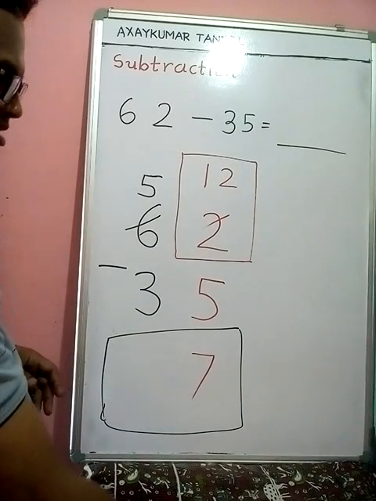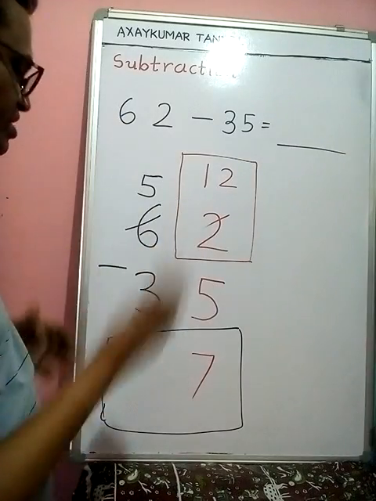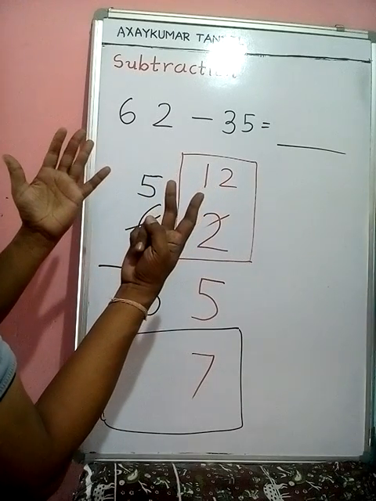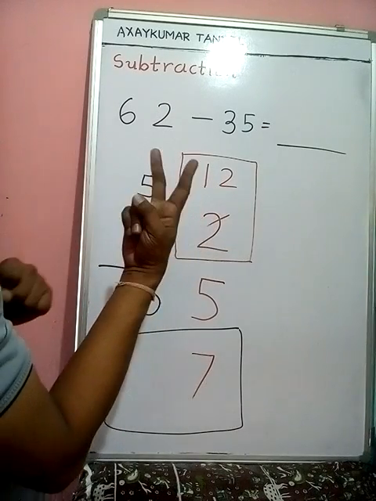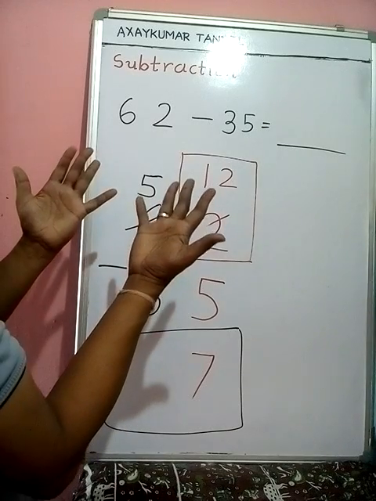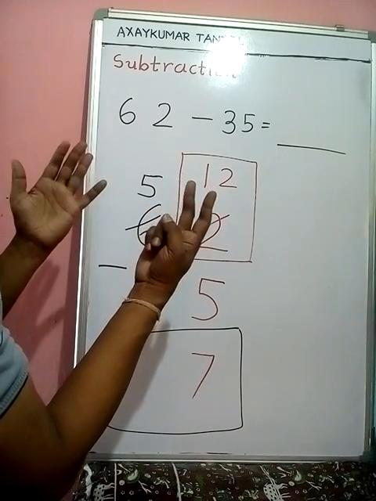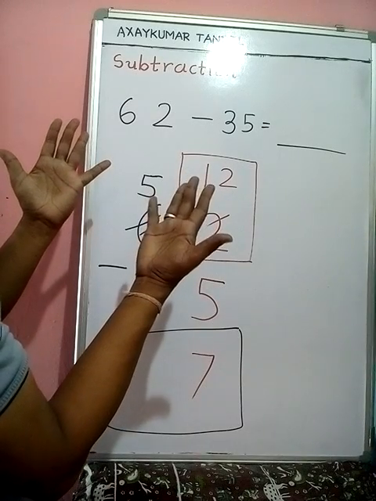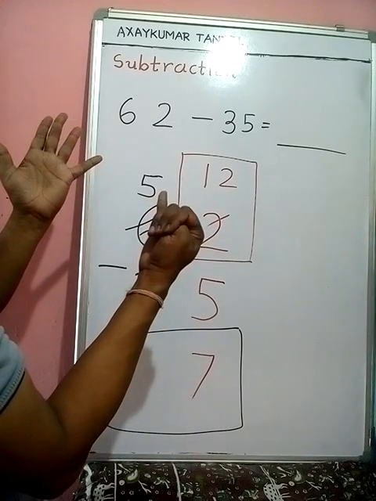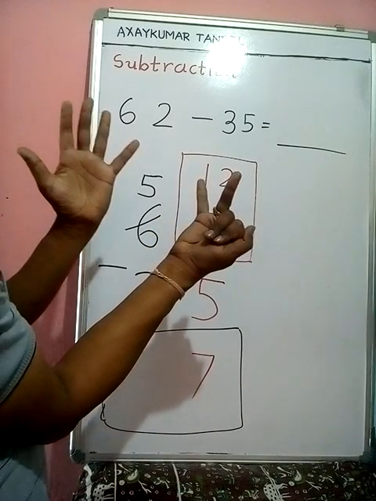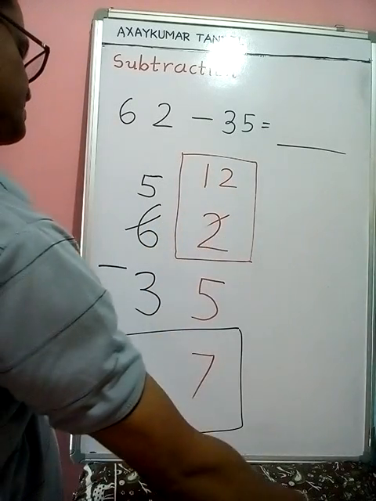Now if we help with fingers, 10 and 2 is 12. We cut first 2 from 12, then from 10: 3, 4, 5. How many saving? 7. Okay.